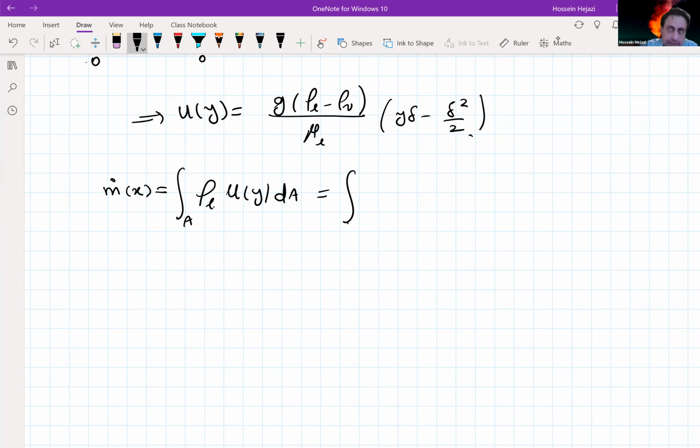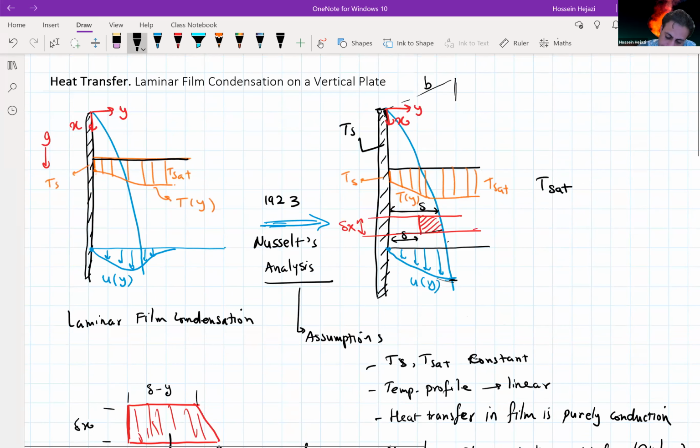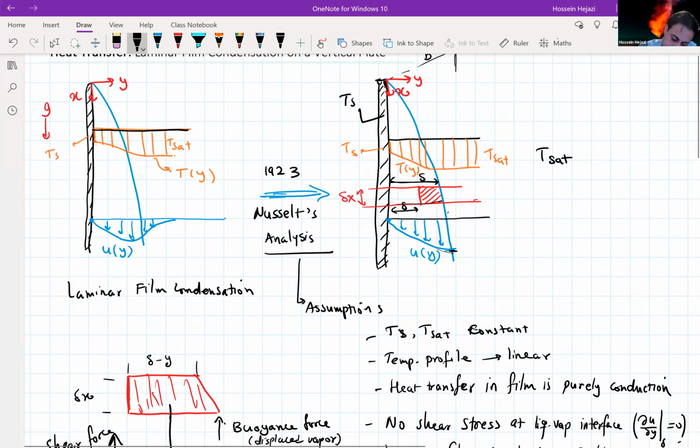And if we take that integral from y equals 0 to delta for the whole thickness of the condensate at any x location, it is going to be rho L u(y) dy, and in fact b dy. Okay, so the area is going to be like the width of the plate times dy that we have, and so that's the integral of that. Yes.